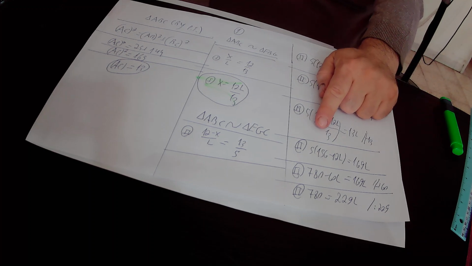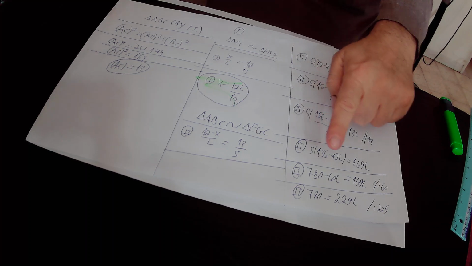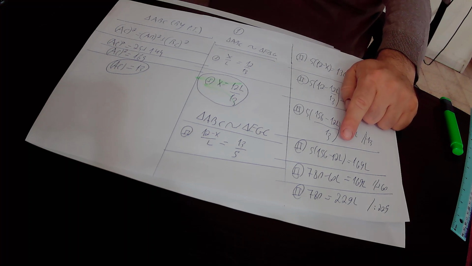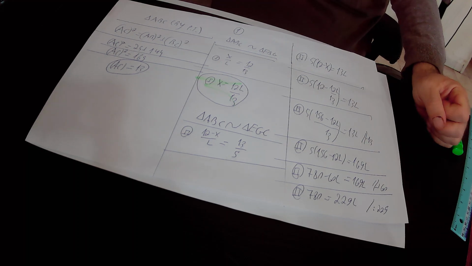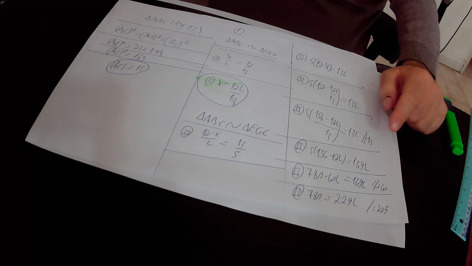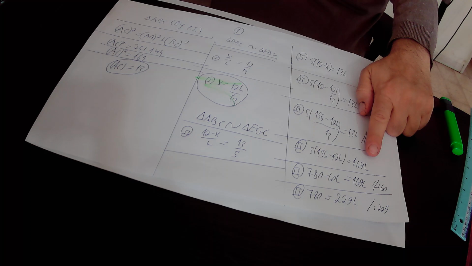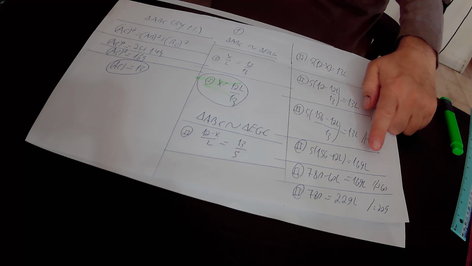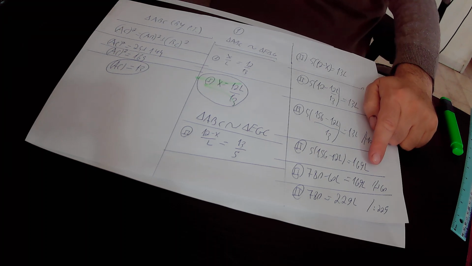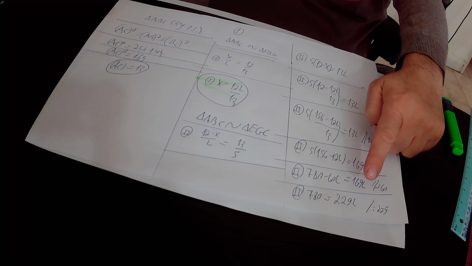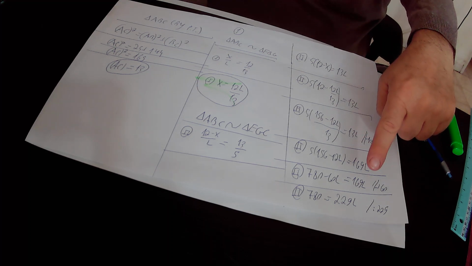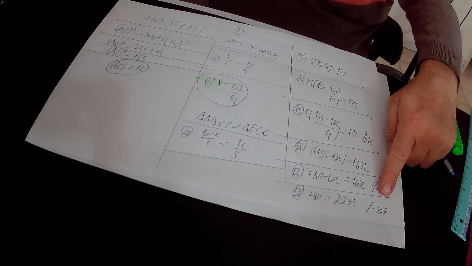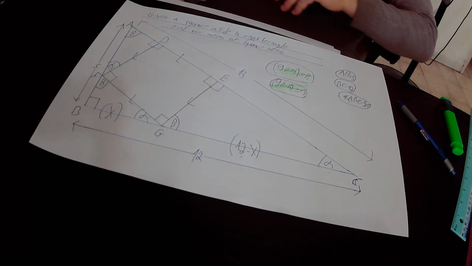Opening the brackets, 5 times 156 is 780 minus 5 times 12L, which is 60L, equals 169L. We add 60L to both sides and find that 780 equals 169L plus 60L, which is 229L. So 780 equals 229L.